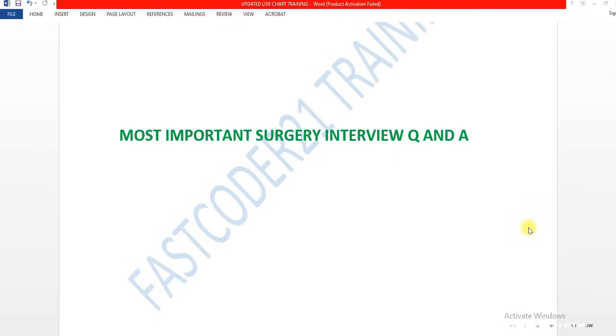During the colonoscopy, the physician will use a snare device and he will remove the polyp. What code will you use for cold biopsy forceps? 45380. Okay.